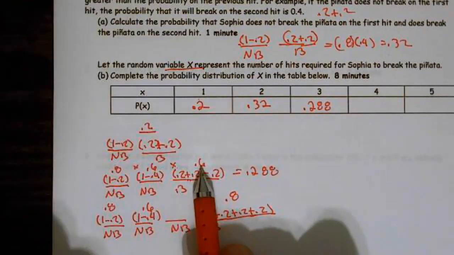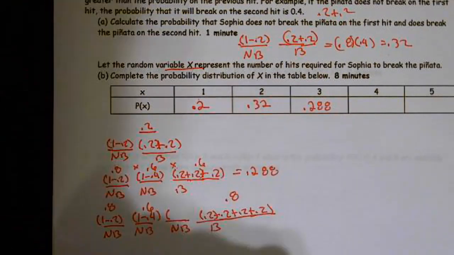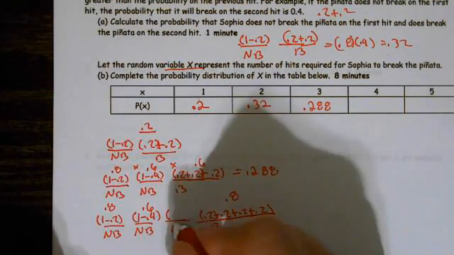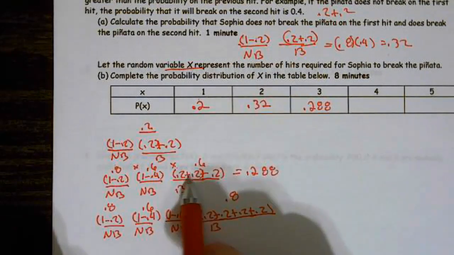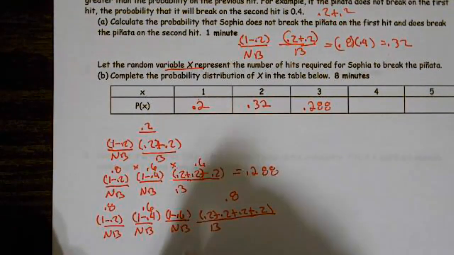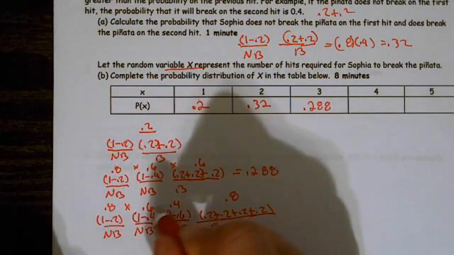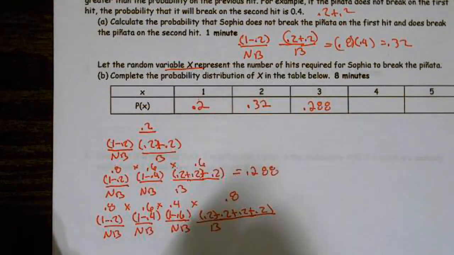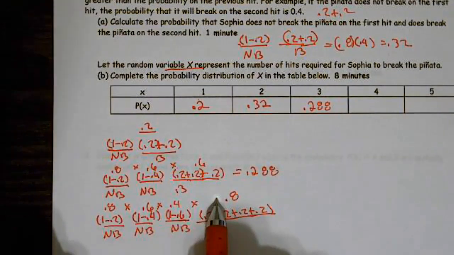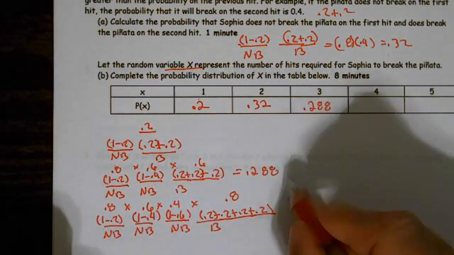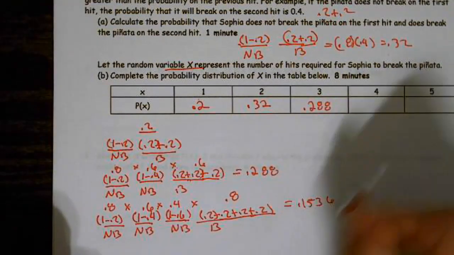Well, it can't break on this one, so this has to be 1 minus 0.6, because this is 0.6 up here, and 1 minus 0.6 is 0.4. So I need to multiply 0.8 times 0.6 times 0.4 times 0.8, and I end up getting 0.1536.